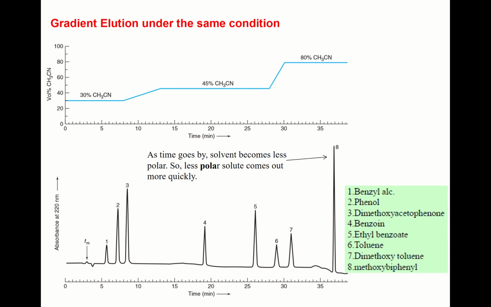Compound 8, this dimethyl methoxyphenyl, is quite non-polar, the least polar. So by increasing the acetonitrile portion, this compound 8 is eluted in much less time.